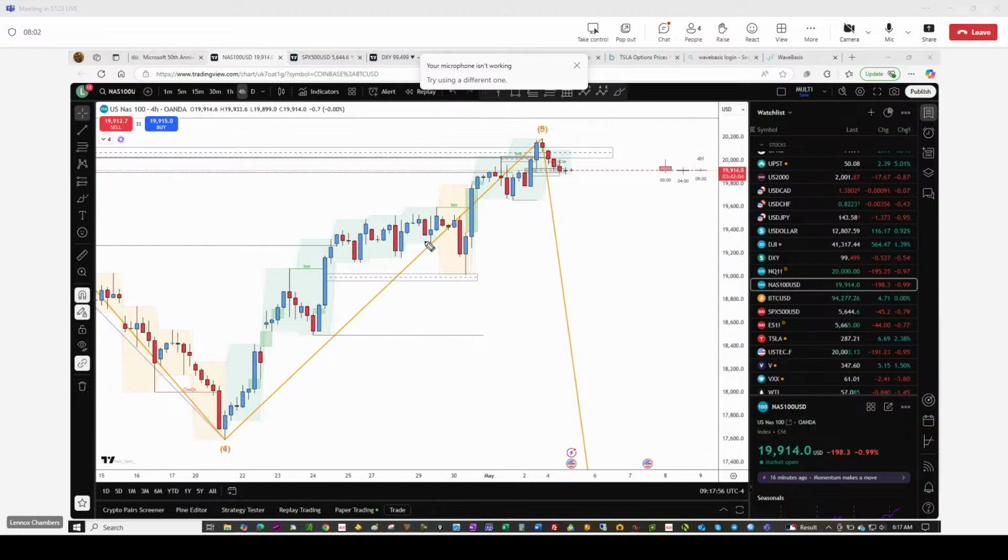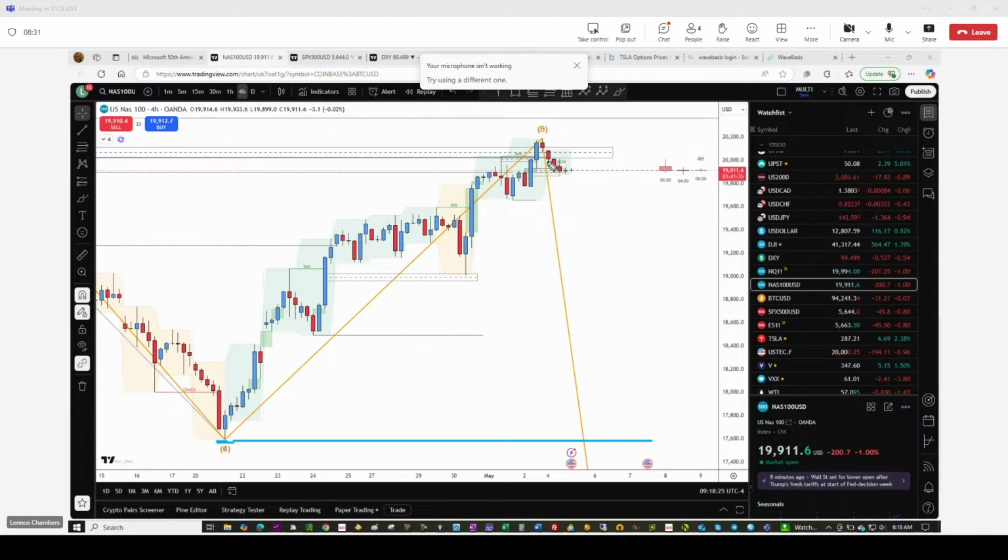In any case, the low here is from the 21st of April. So it took about 15 days for us to get to this high. How long would it take to get back down there? At least 15 days. Maybe less, maybe more.